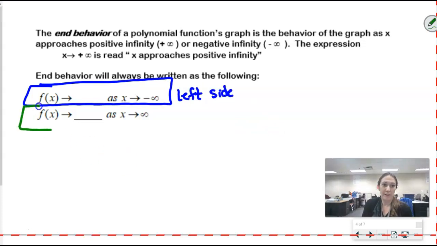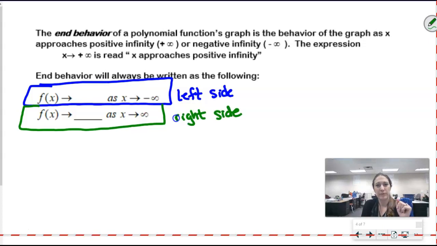Now when I look at the next row, we'll talk about this part in a minute, but it says as x approaches, or as x goes to positive infinity. So on my x-axis, going to positive infinity would be the right side. So the most important piece of your notes on this slide is that you highlight and write down this means left side and this means right side.